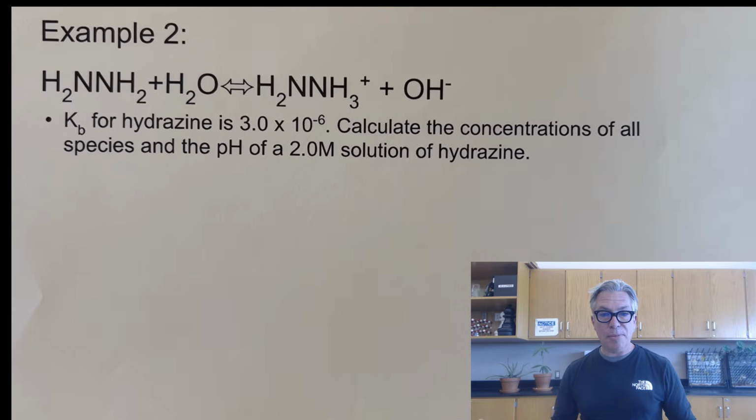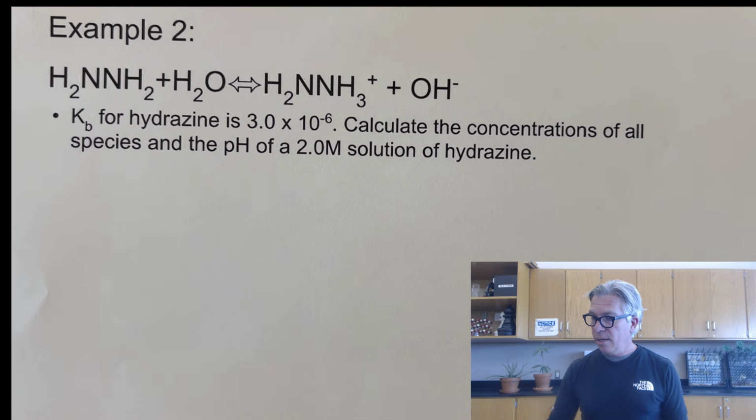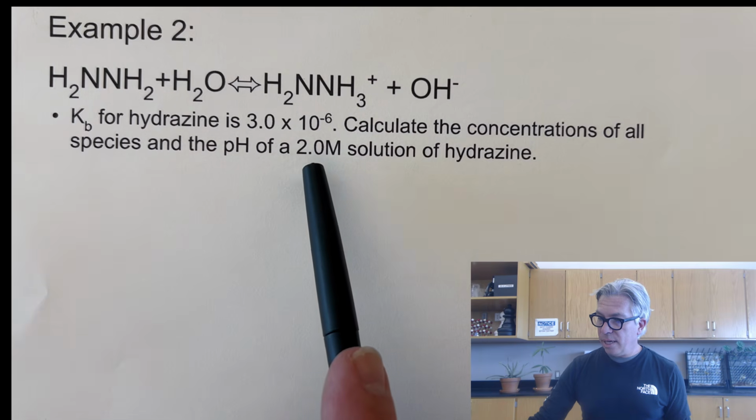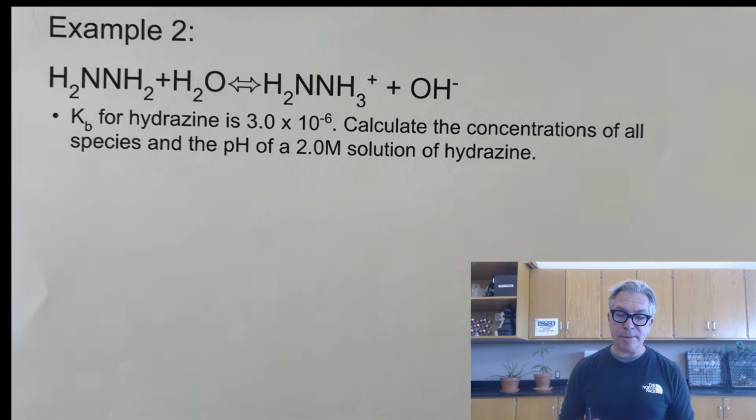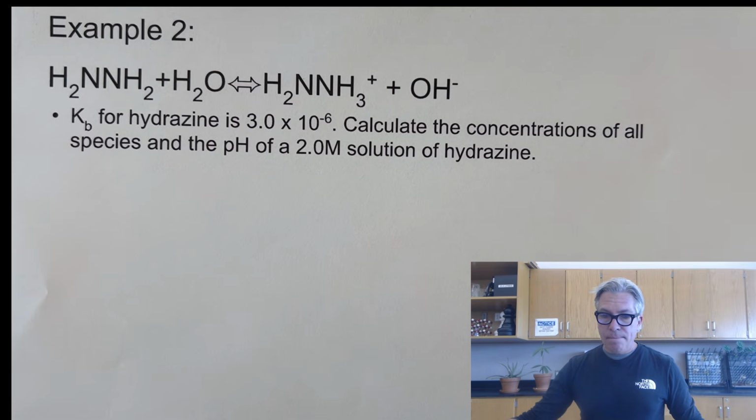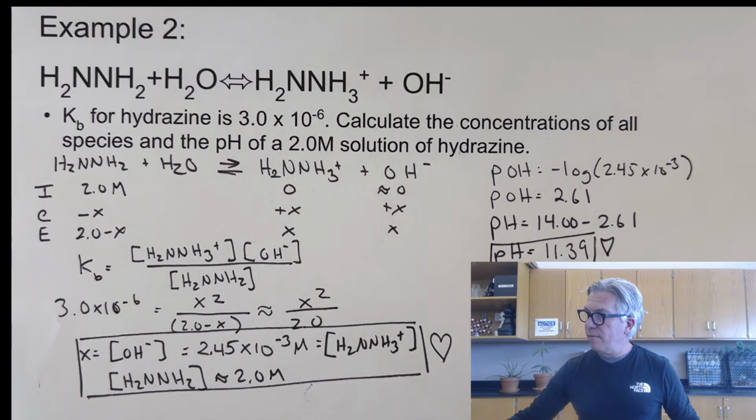And if you are interested in continuing on and trying one of your own, here's example 2 under bases, finding the pH of a 2 molar solution of hydrazine. Take a moment, pause the video, and be back in a couple seconds. And when I did this one, I got a pH of 11.39.